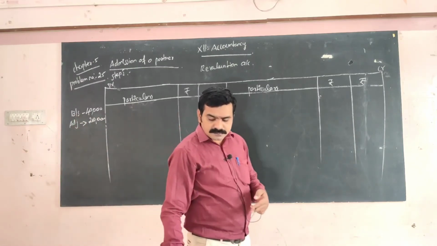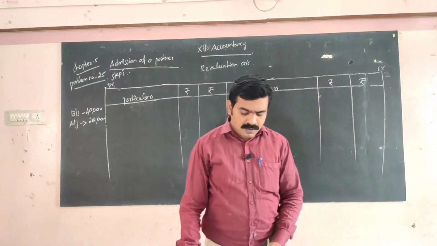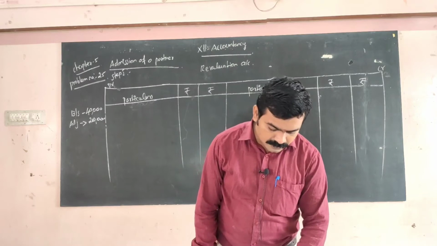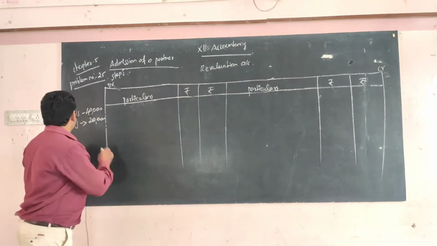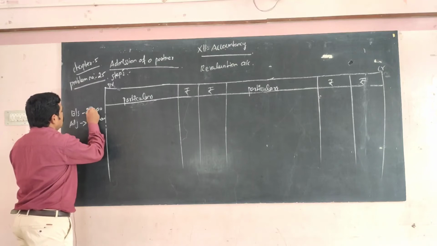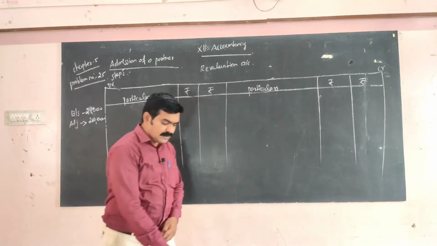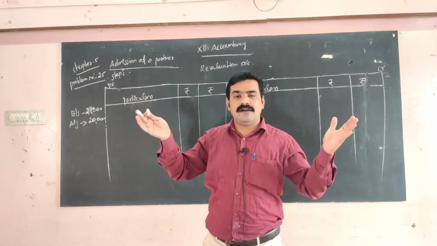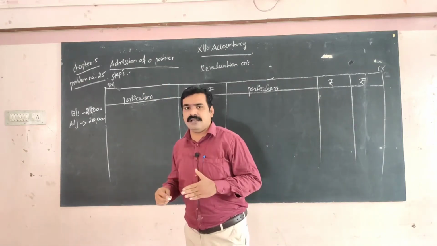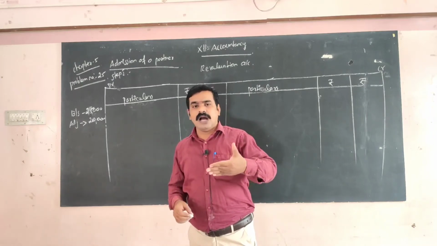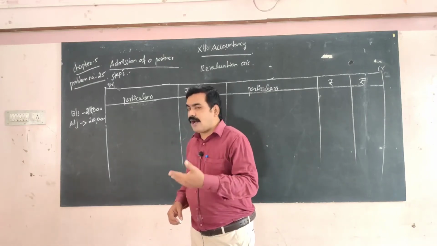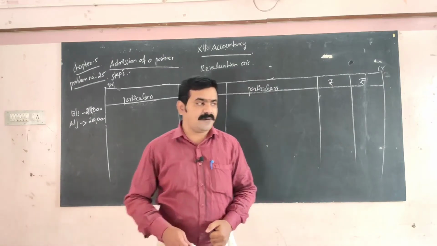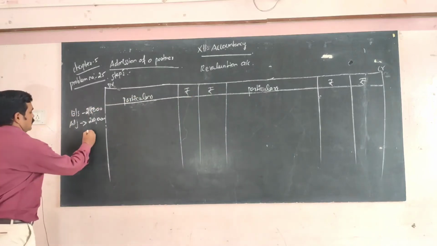Now stock: the asset is 25,000 in your balance sheet. In the adjustment, after revaluation on admission of a partner, your stock amount is 20,000.